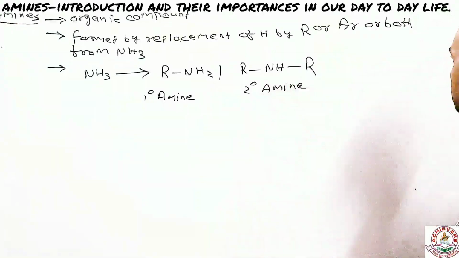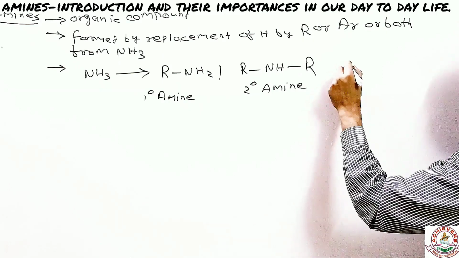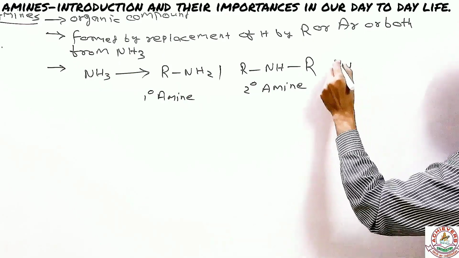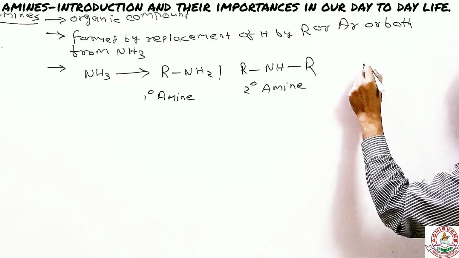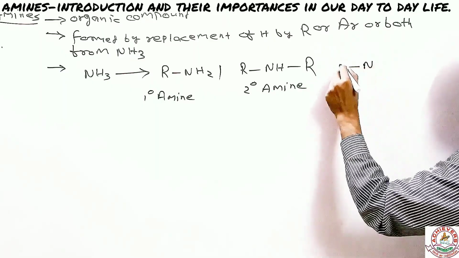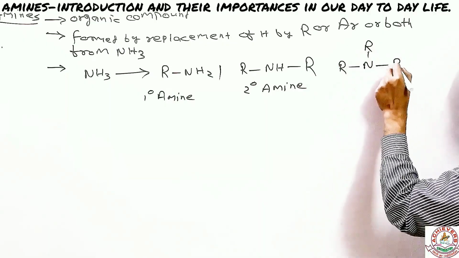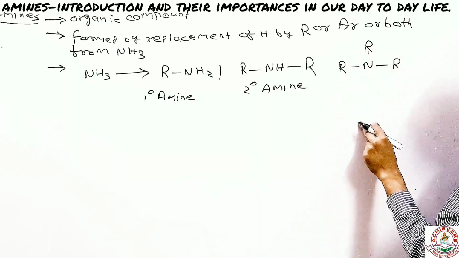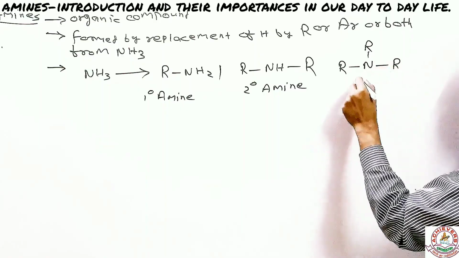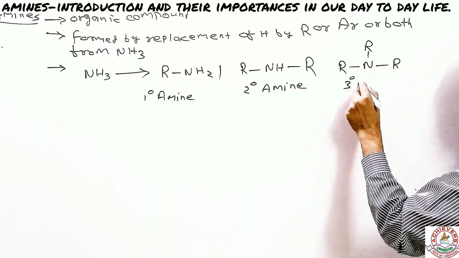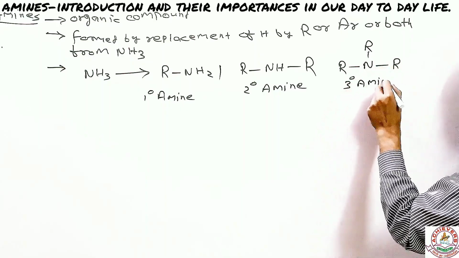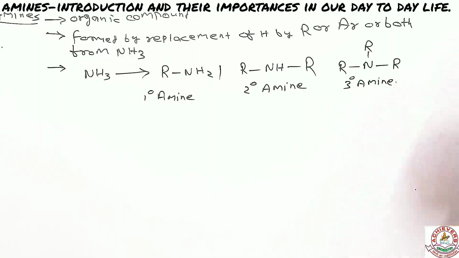Similarly, you might be coming with some idea that if nitrogen is surrounded by 3 different or 3 same type of alkyl group, it is called 3 degree amine. This is called 3 degree amine, right?